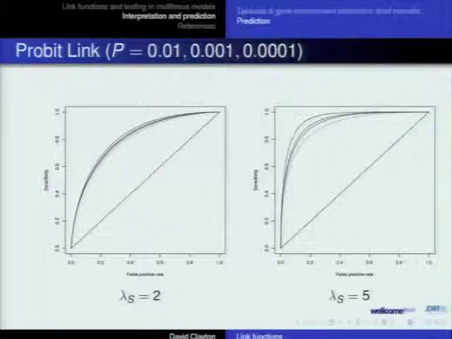And these probits are all for different prevalence of the condition. As we go to higher and higher prevalences, and get away from rare diseases, with the probit model we go up further and further, and we get better and better prediction. So that indicates that the difference in these predictions is actually something to do with the link function.